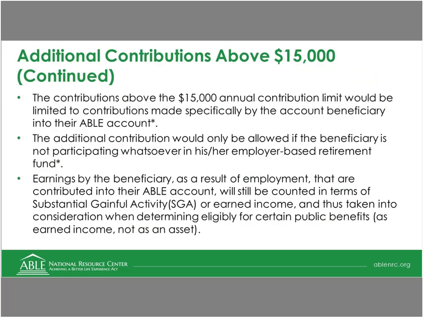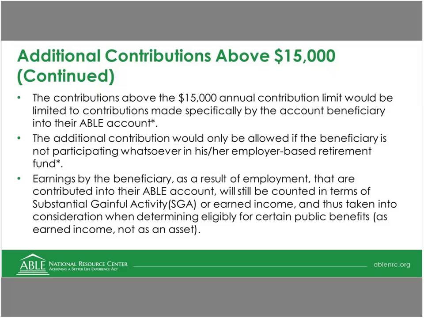So from what we understand now, let's say an individual is an ABLE account owner and they have a job, and let's say that they make $13,000. Let's say that their parents, friends and family have contributed to the max, so they've contributed that $15,000 already.